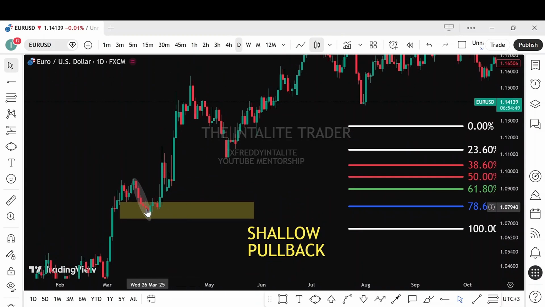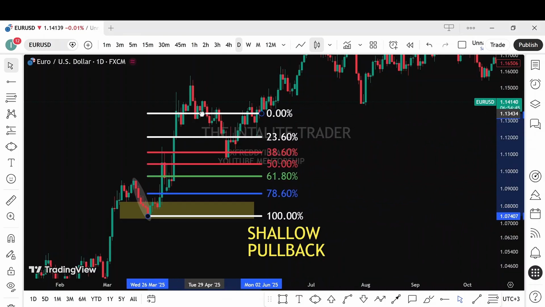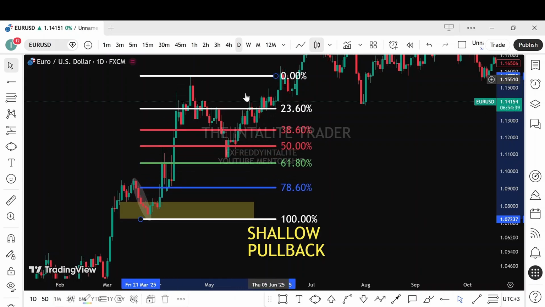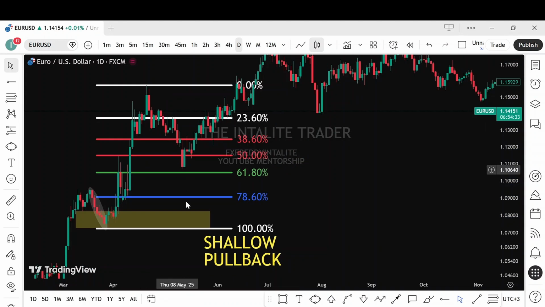But we can say this is a strong move, and we can also bring our tool and say from 100% to this price, price pulls back. This is a deep pullback. Are you seeing this? So price pulls back into this level.